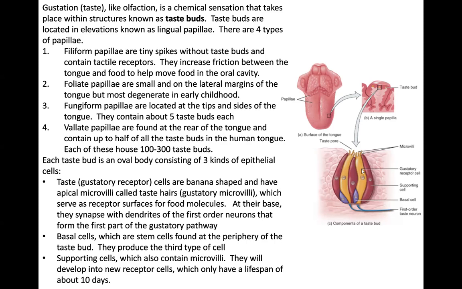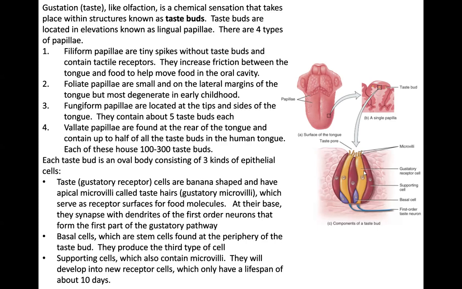They have a banana shape with little microvilli on the end that faces into the crevice called a taste pore. These microvilli also go by the term taste hairs, and they are the receptor sites for food molecules. This is where food molecules bind and activate these cells.